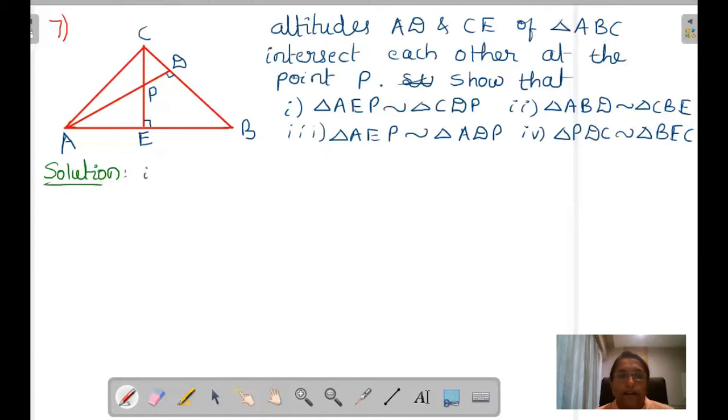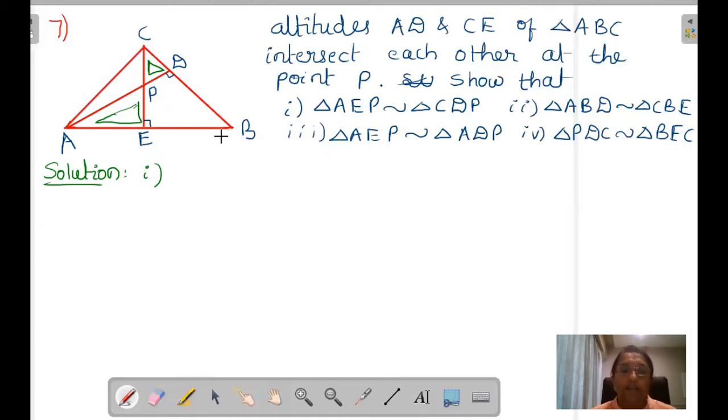Triangle AEP is similar to triangle CDP. This one and this one are similar. We have to prove it. We have three criteria: SSS, AAA, and SAS. Here, just observe the figure.